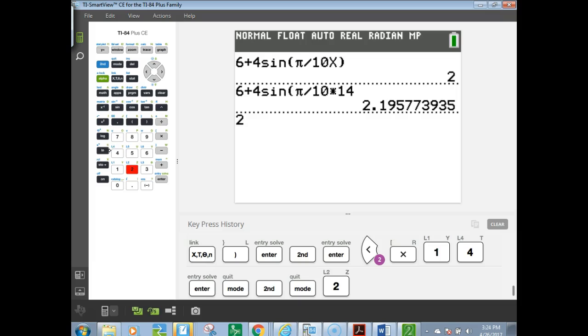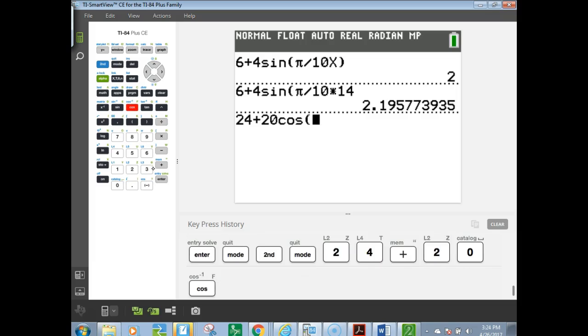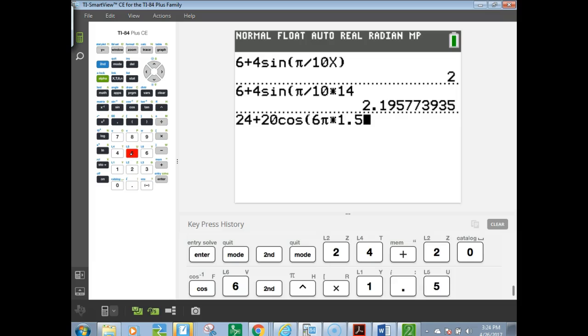What is this one? 24 plus 20 times the cosine of 6 pi times 1.5. Did anybody suspect it was 4 already?